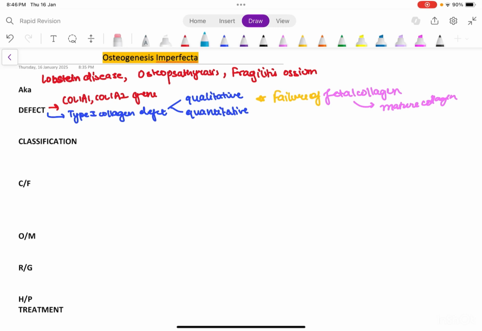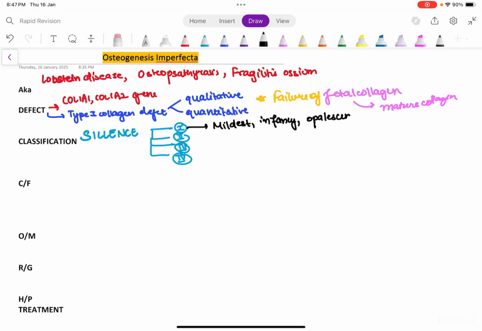Now coming on to the classification. Now foremost you need to remember one name, which is Sillence. Now he divided it into four parts: first, second, third and fourth. All right, now in the first one, this is the mildest. It occurs in infancy. It is characterized by opalescent teeth and it is a quantitative defect.